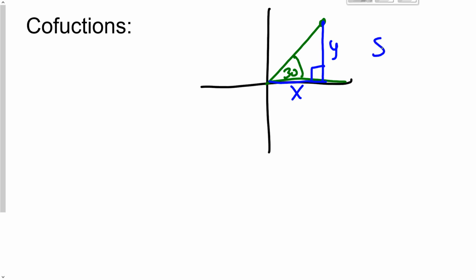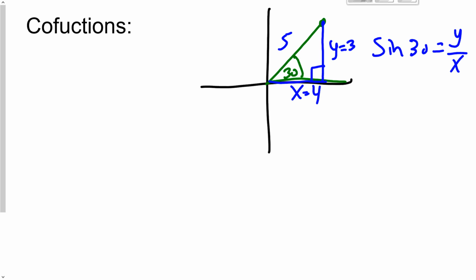So sine of 30 is opposite over hypotenuse, right? So we'll say, what if this is, let's do 3 here, and this is equal to 4. So then we know this is 5.